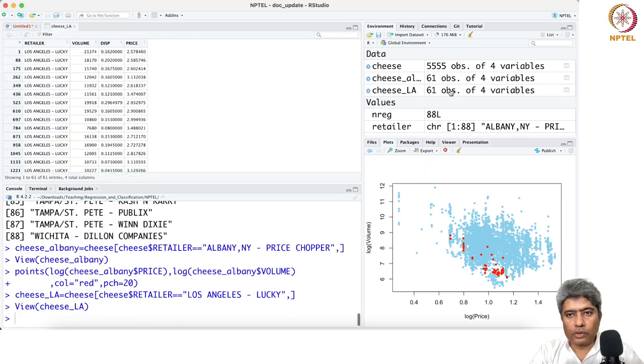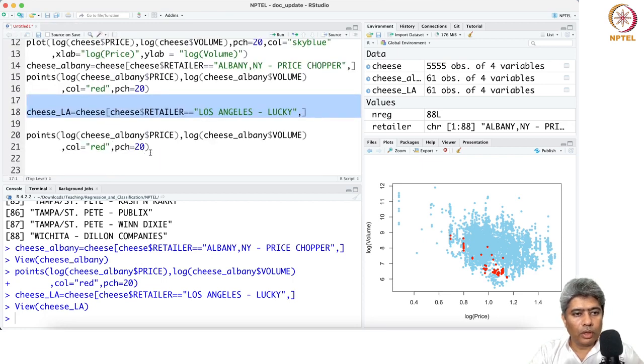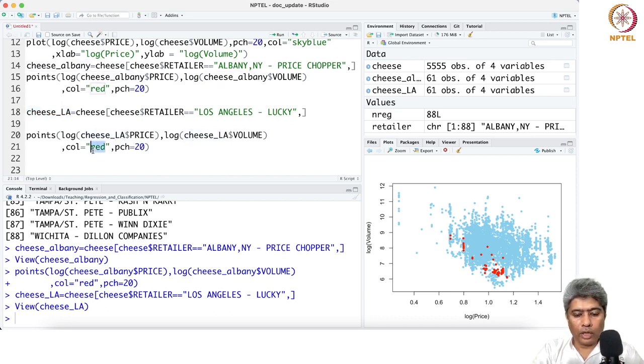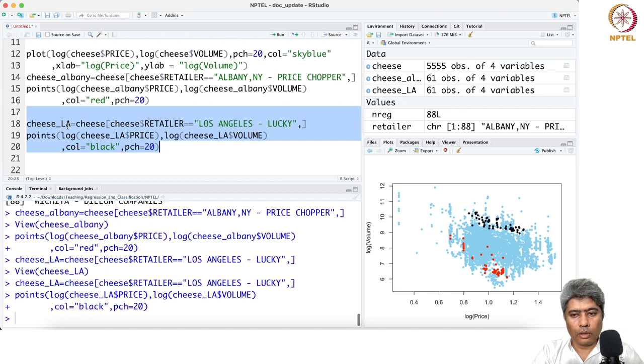Now if you see, it also has 61 observations, volume, and these are the price and volumes. Instead of red I'll use black, right? So all these are just different clusters altogether.